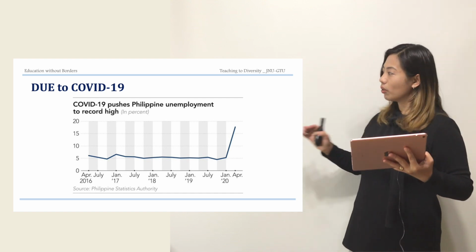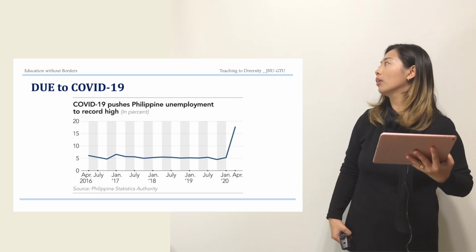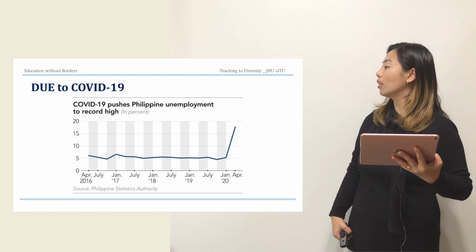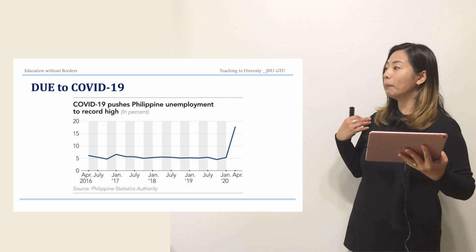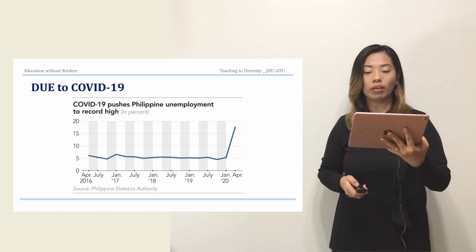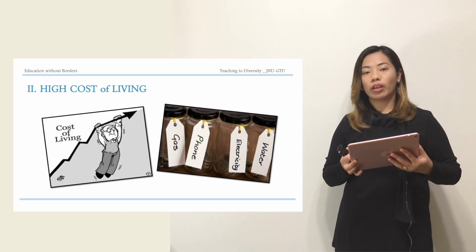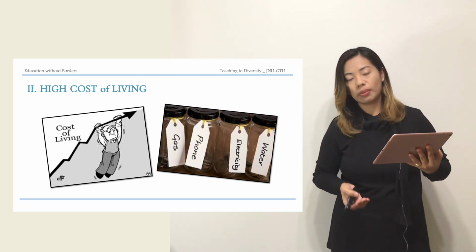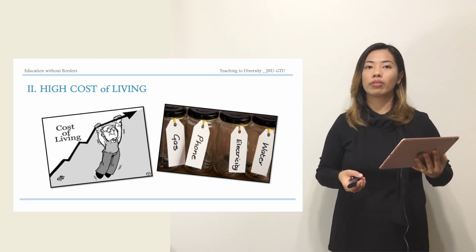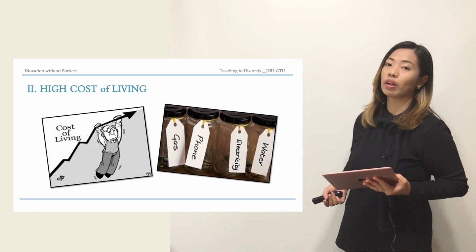So, as you can see, the unemployment rate in the Philippines suddenly went up during this time, during this pandemic. Okay. And then another factor affecting the education system in the Philippines, of course, is the high cost of living. This one, again, is true not only in the Philippines, but also in other countries, I guess.